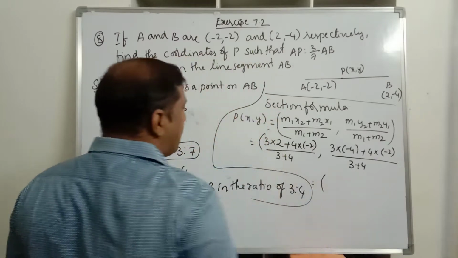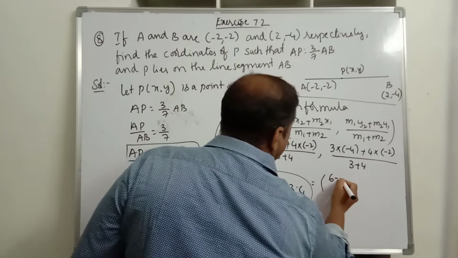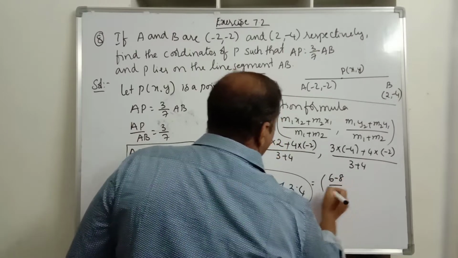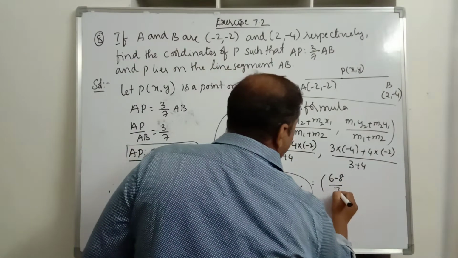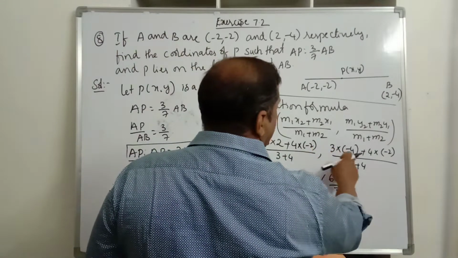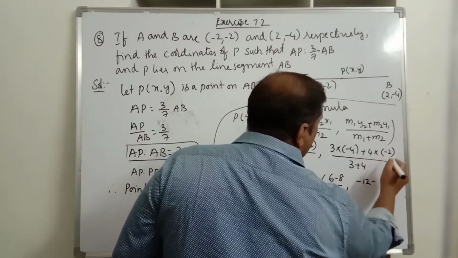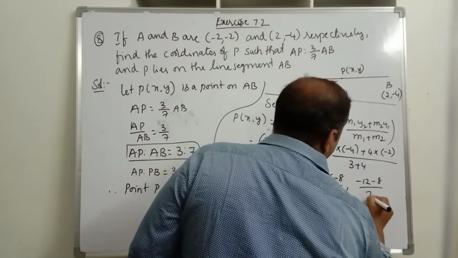Simplify this. 3 into 2 is 6, plus 4 into minus 2 is minus 8, divided by 7. Then 3 into minus 4 is minus 12, plus 4 into minus 2 is minus 8, divided by 7.